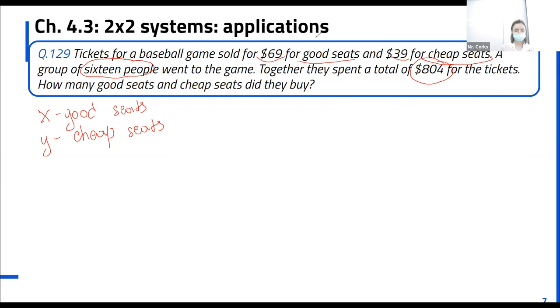Okay, so let's take a look. x is the number of good seats, while y is the number of cheap seats. And overall, we had 16 seats. So our first equation will be number of good seats plus number of cheap seats equals the overall number.